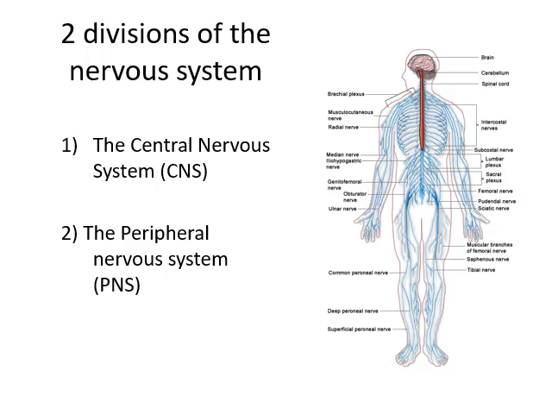There's two divisions to the nervous system, as we mentioned already, the central nervous system and the peripheral nervous system. The central nervous system in this diagram we can see here is the brain, spinal cord, and then basically all the things that are protected by the axial skeleton, by the skeleton and the vertebra.